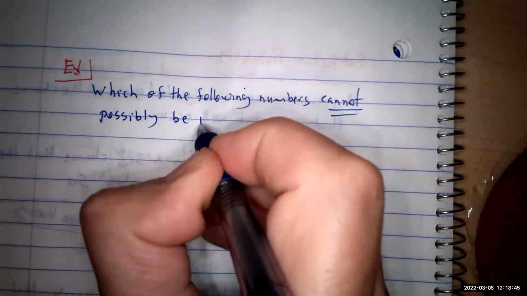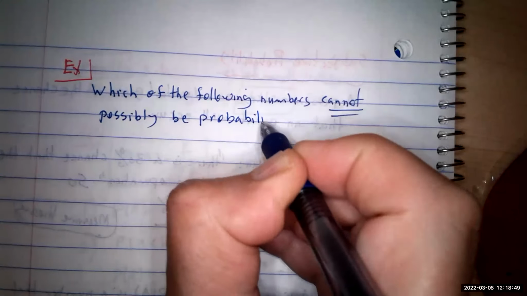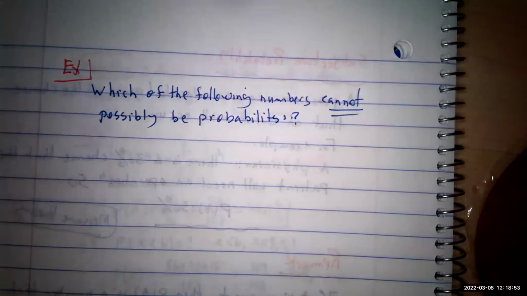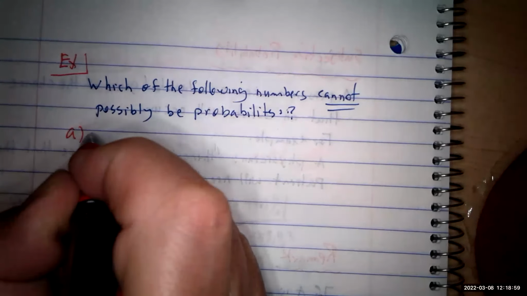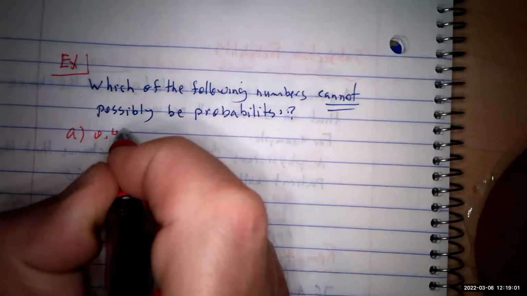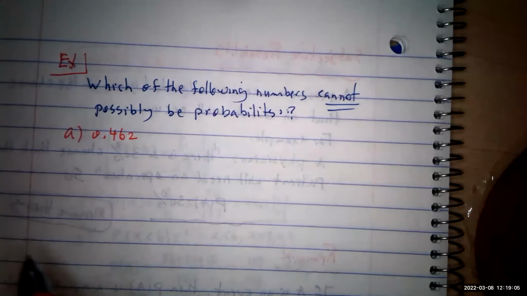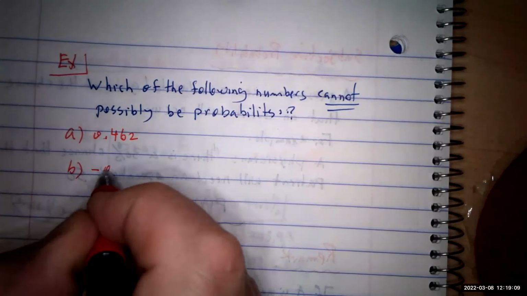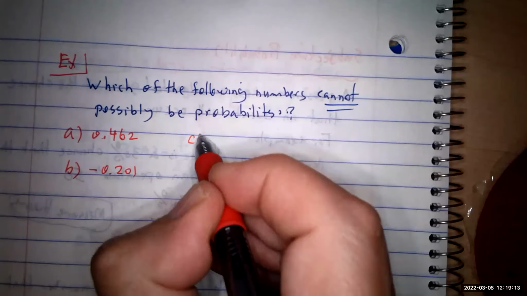Which of these can be probabilities? What is wrong with it? Just explain it. The numbers are: the first number is 0.462. The second number is negative 0.201. The third number is 1.